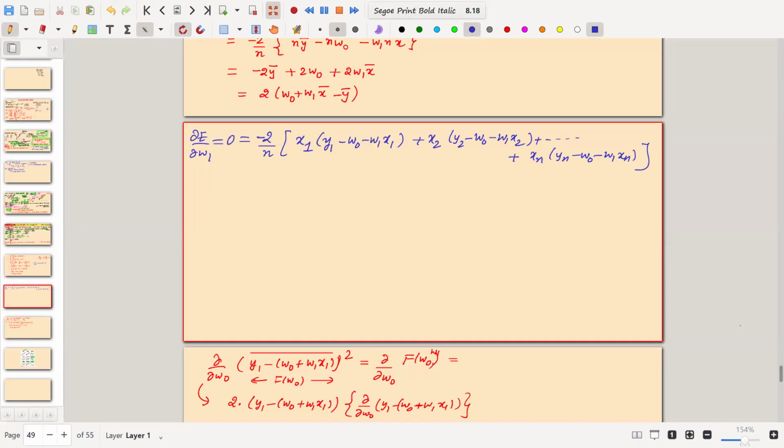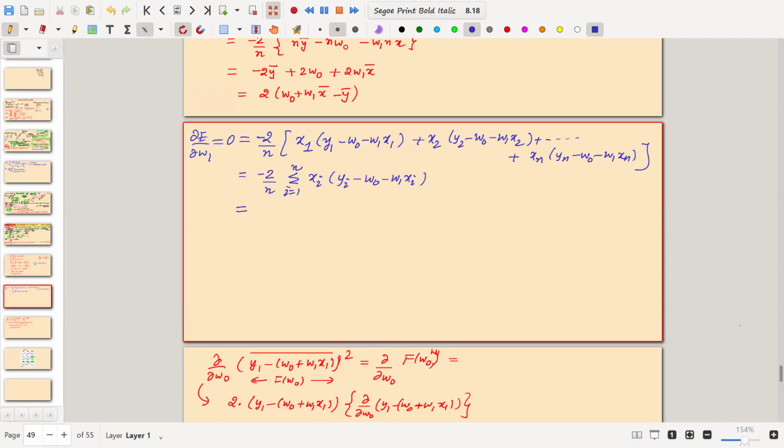Yeah. So can we write it in a summation form? Can we squeeze it down? So you're summing it over i equal to 1 to n, and this is xi, and this is (yi minus w naught minus w1 xi). I hope it is correct, right? Can we take the summation sign inside and then simplify it?